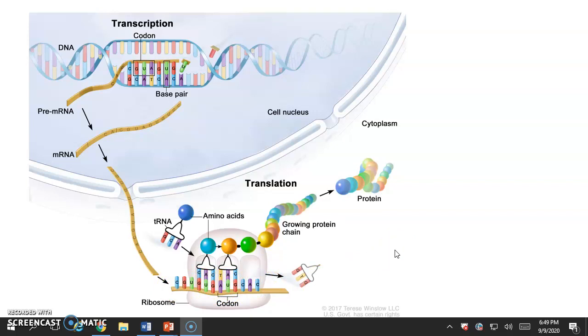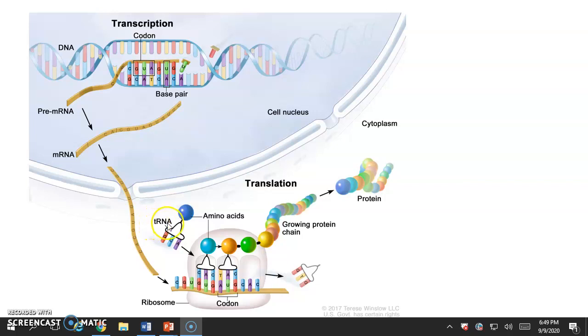All right. So if you will notice, remember that the building blocks of a protein are amino acids. So we need to get amino acids bonded together so that we can make a protein. One of the molecules that we haven't talked about yet is called transfer RNA. It is also an RNA, a short little RNA molecule.